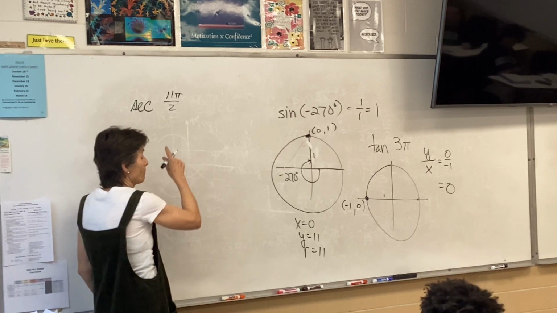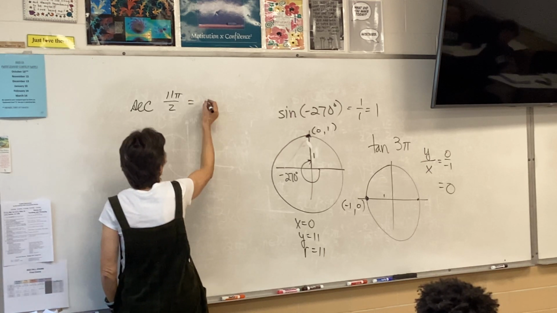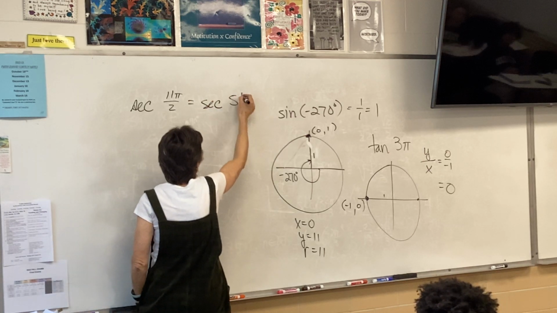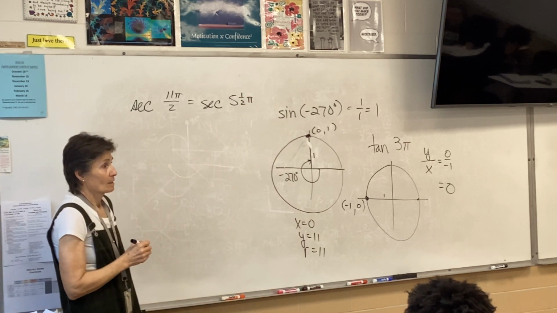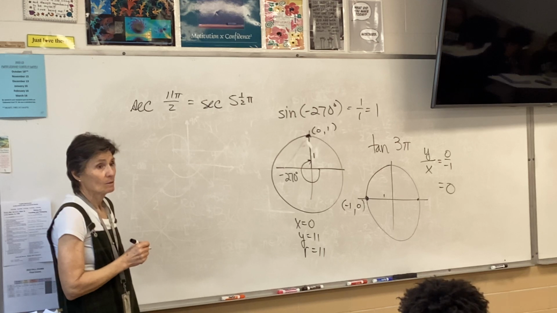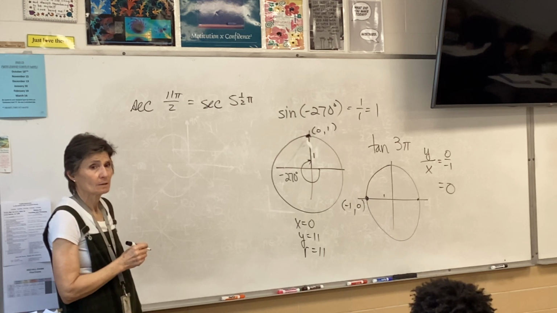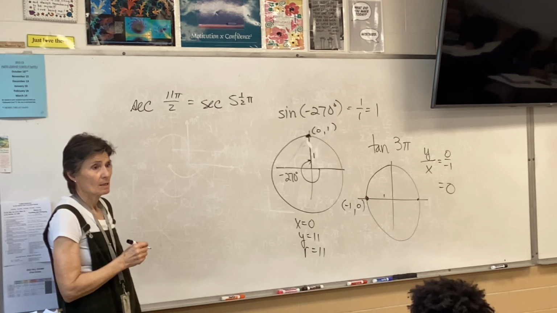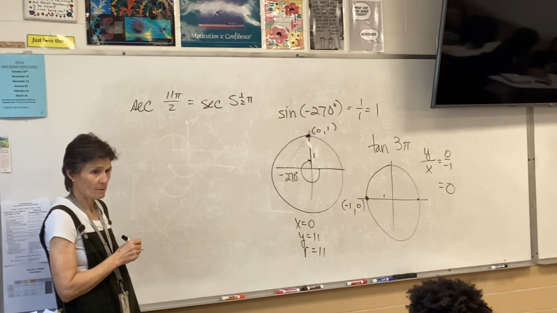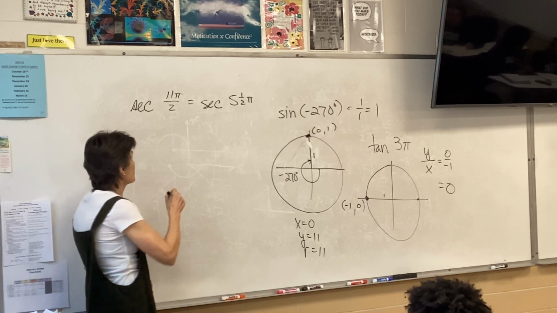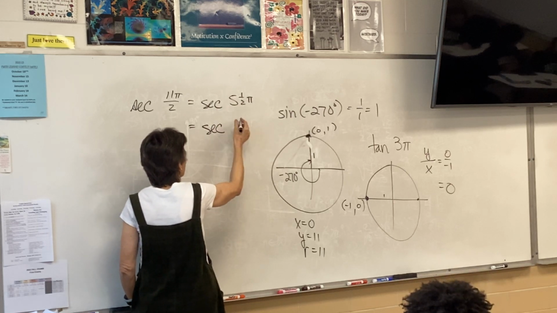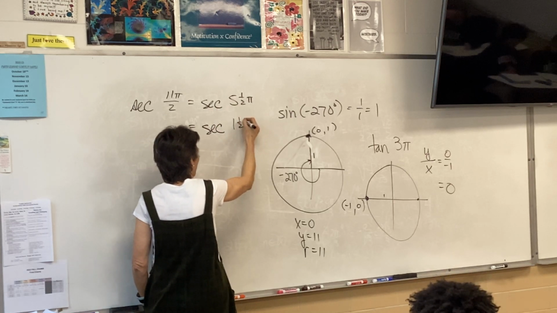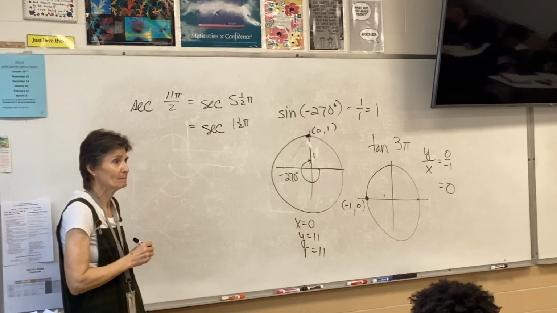In mixed number form, wouldn't that be like 5.5 pi's? Well, remember, what's a revolution? 2 pi. And another revolution would be 4 pi. So basically, this thing is going to spin twice and have 1.5 pi's left over. Would you agree with that?